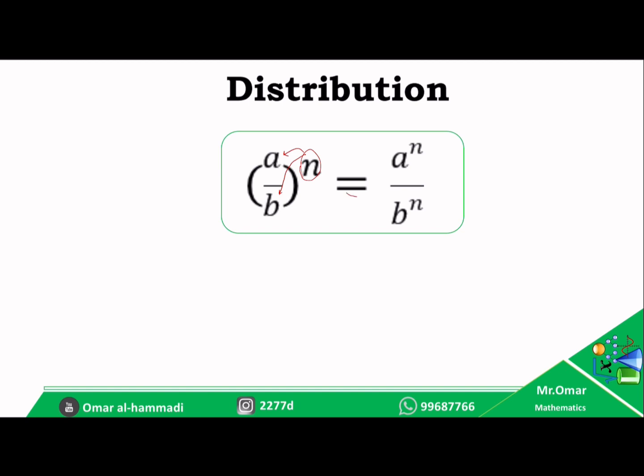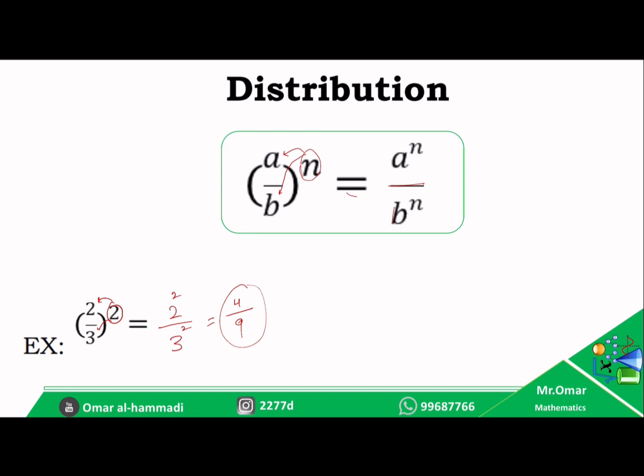The result will be a to the power n divided by b to the power n. Let's do an example. We have 2 over 3, all to the power 2. We will distribute the power to the 2 and 3. So it will be 2 to the power 2 and 3 to the power 2. And this will be the result. It's 4 over 9.